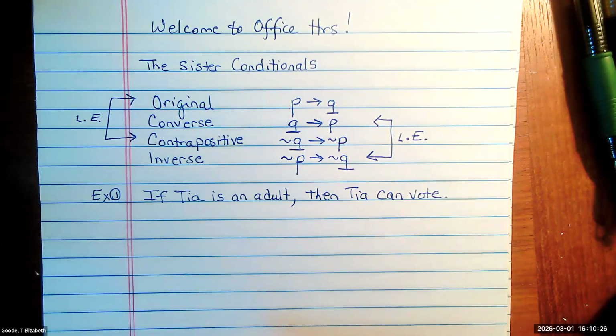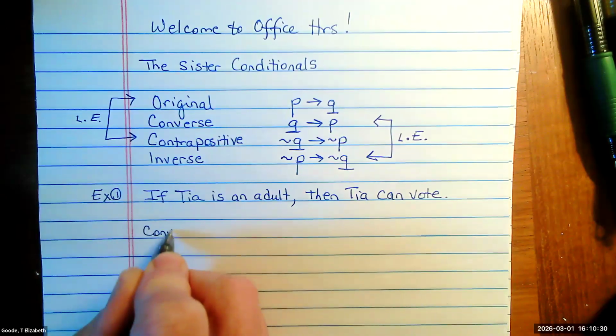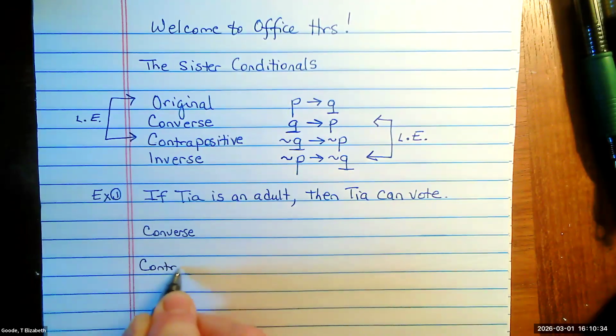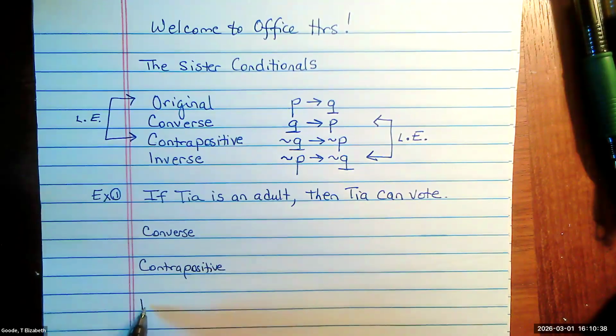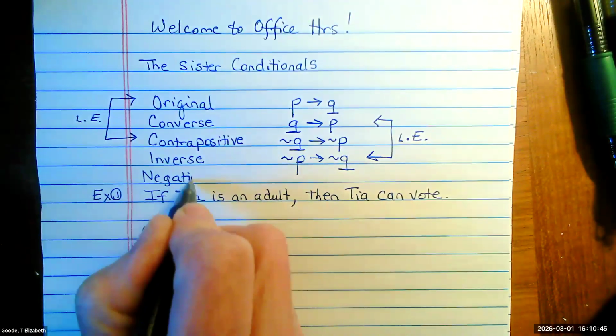Okay, that's our original. Let's find the converse. Let's find the contrapositive. Let's find the inverse. And while we're at it, we should probably go ahead and practice with the negation.